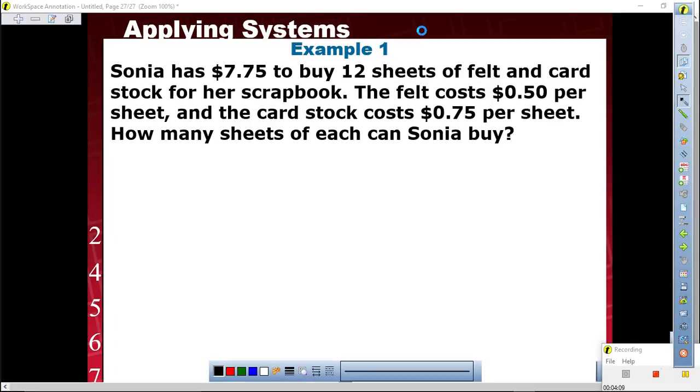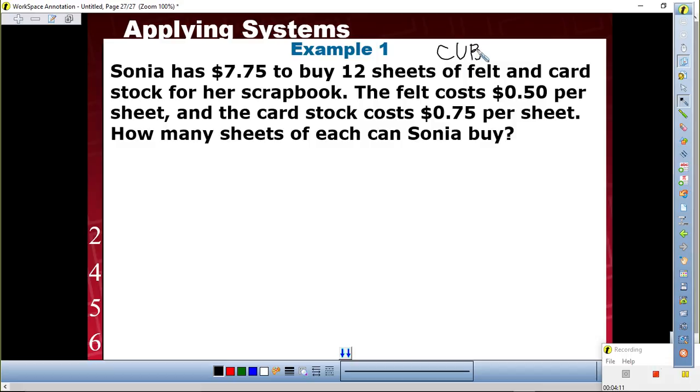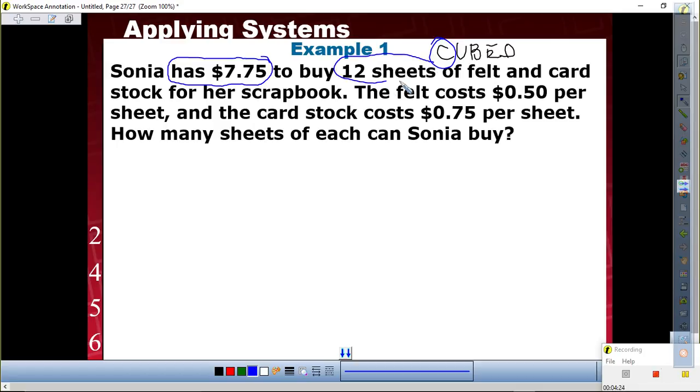So let's start CUBing this. With blue, I'm going to circle important numbers. So she has $7.75, 12 sheets. Felt costs 50 cents. Cardstock costs 75 cents. Okay.